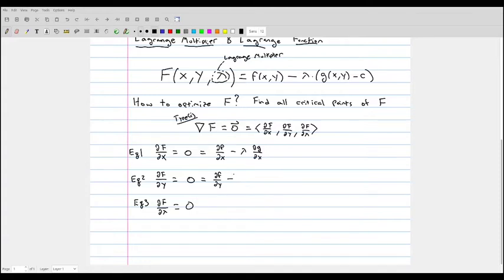Similarly, when you take the y partial derivative, you have that the y partial derivative of lowercase f minus lambda times the y partial derivative of g has to also be equal to 0.